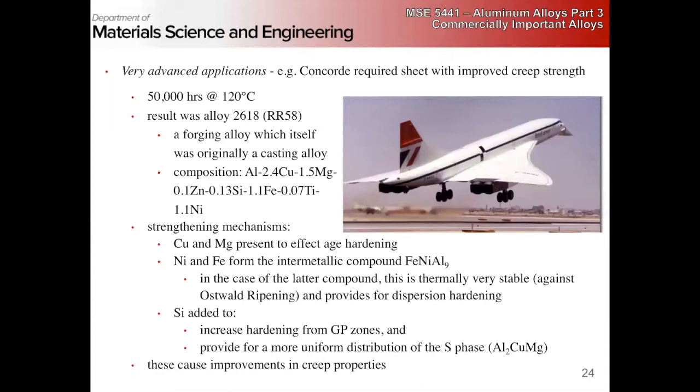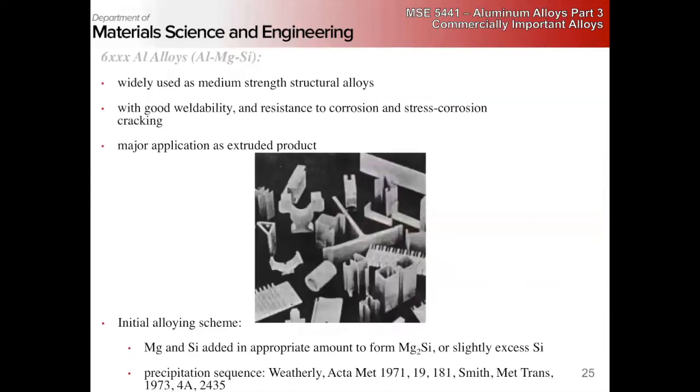And then there's some extra alloying element thrown in there to augment the kinetics of the nucleation and growth of all these different phases to really fine-tune the properties. Right? And so even though this isn't a cutting edge, state-of-the-art alloy anymore, it's indicative of what people do when they're working on alloy design.